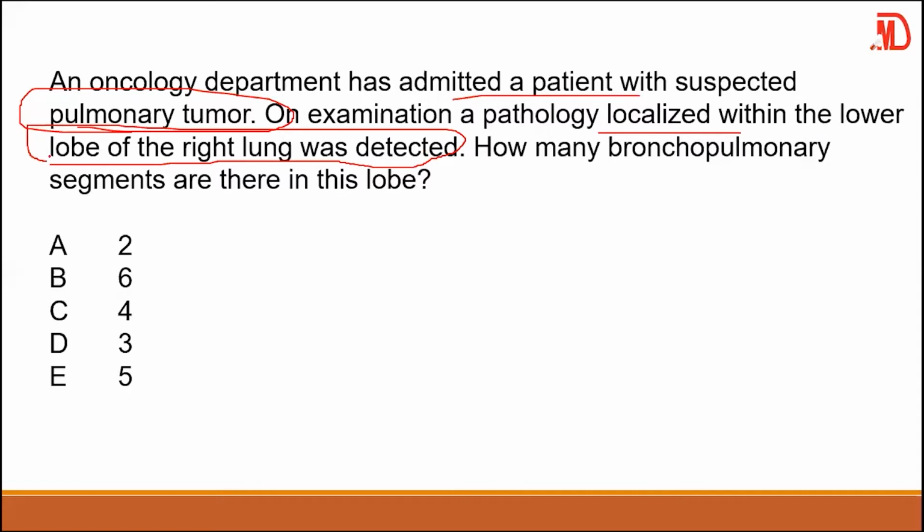How many bronchopulmonary segments are there in this lobe? First of all, how many segments are there in the right lung and in the left lung? Who can tell me?